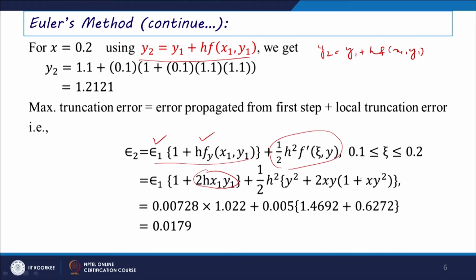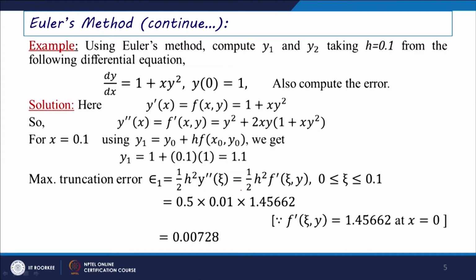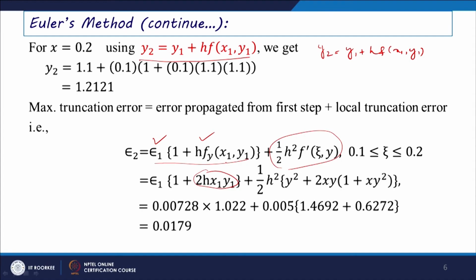If you put all these values, h equals 0.1 and x1 is 0.1 also, and y1 is the computed value, 1.1. If you see, this y1 value is coming as 1.1 here. So it can be written as 0.00728 into 1.022 plus 0.005 into 1 plus 1.4692 plus 0.6272 here, and the final answer is giving you 0.0179.